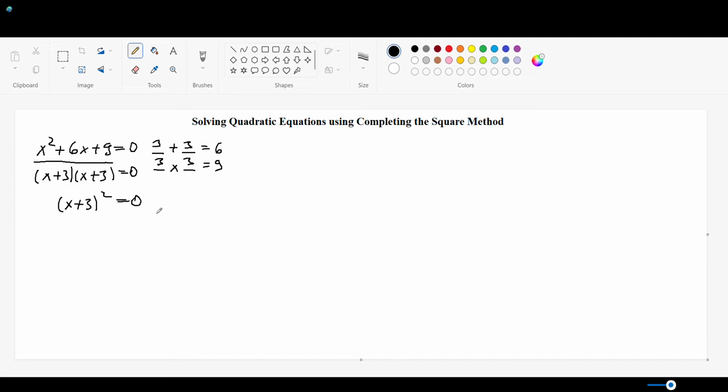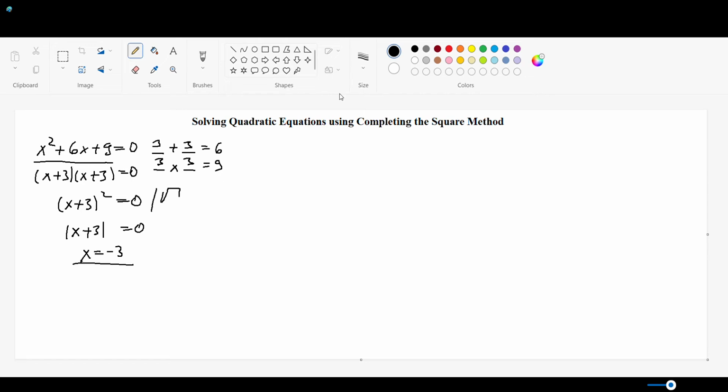We use the method of taking the square roots of both sides of this equation, and it comes to the absolute value of x plus 3 equals 0. And we now know that the only solution of this equation is x equal to -3.